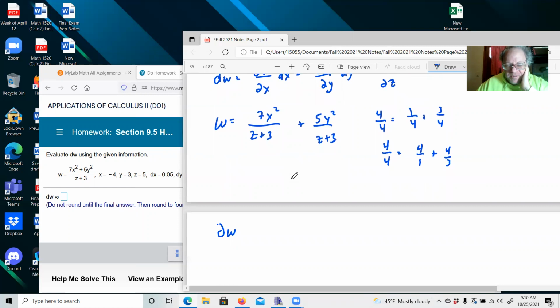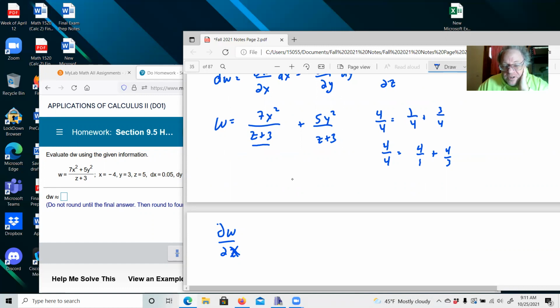So my dw dx, let's go in order. This term here has no x's in it, so this term here is a constant. This part here, z plus 3, that's constant.